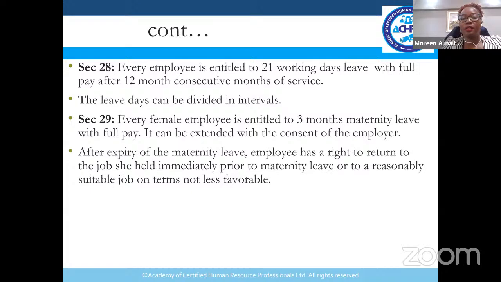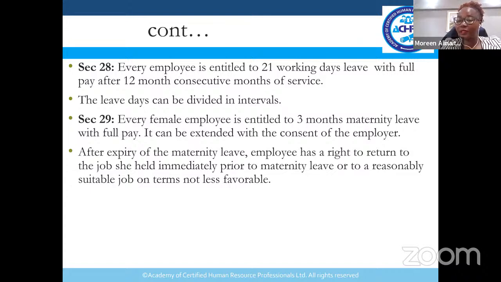Well, it's not agreeable by the Employment Act, because if you do that, that means you're being discriminatory on issues of sex, okay? What can happen in case you terminate somebody during their leave?